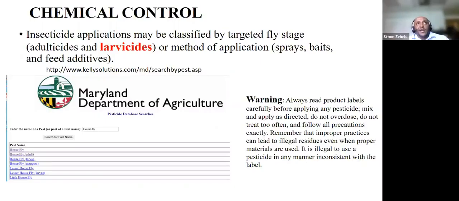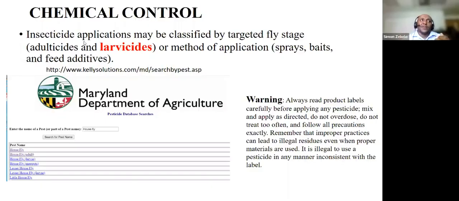There are different classes of pesticides. We call them adulticides or larvicides. The recommended ones are adulticides, pesticides that control the adults. Most of the time, larvicides, pesticides that kill larvae, are not recommended because larvae are always in the vicinity where the beneficial insects dwell.